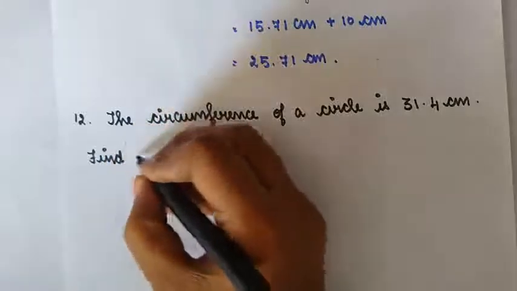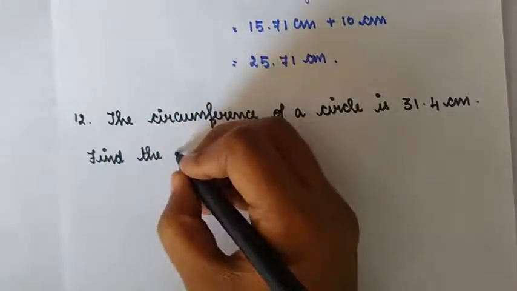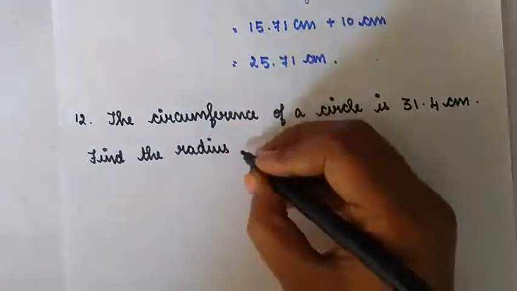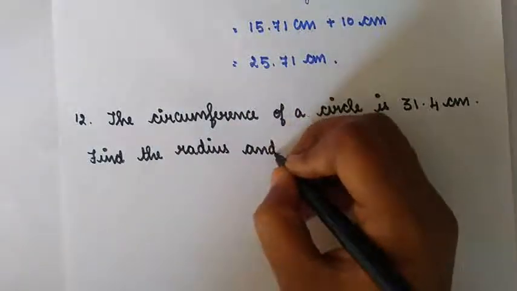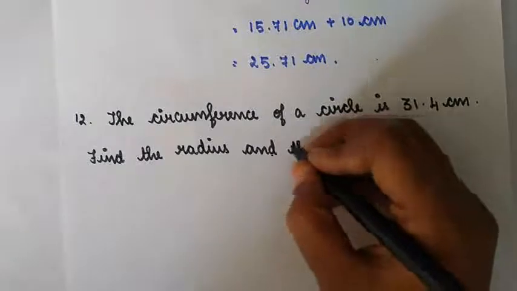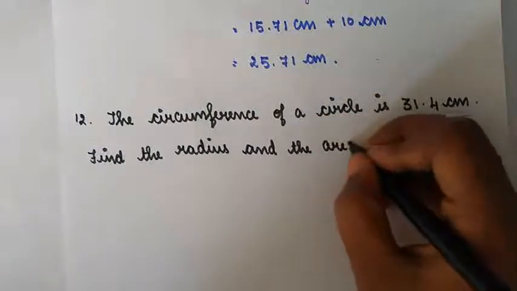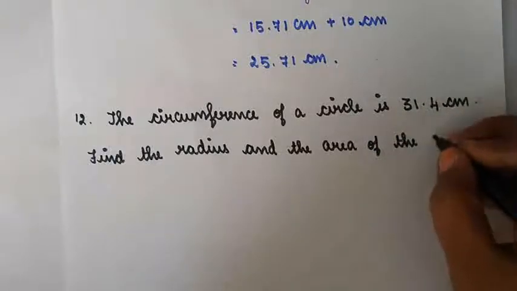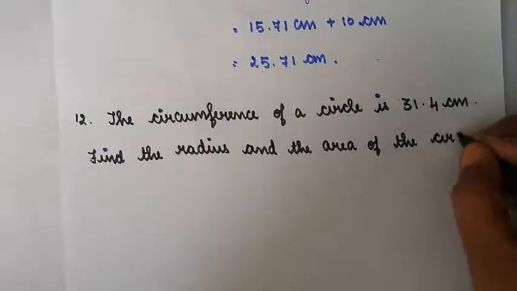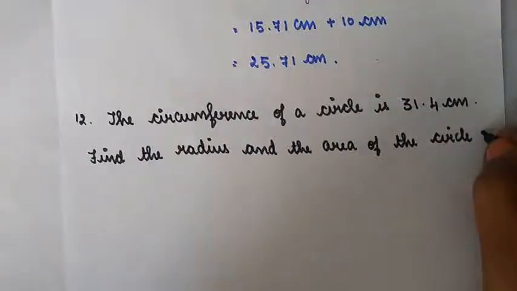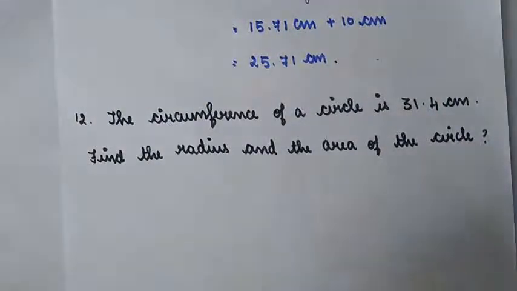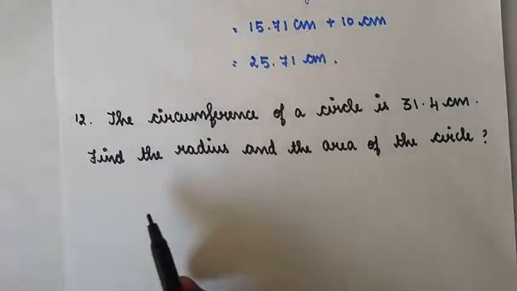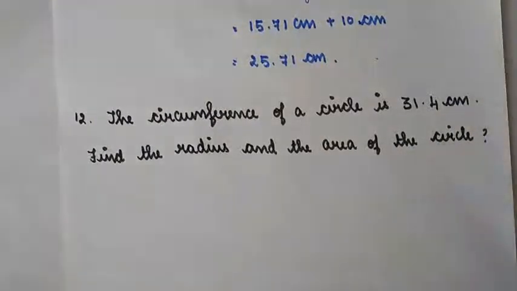Find the radius and the area of the circle. The circumference of a circle is 31.4 centimeter. Find the radius and area of the circle.